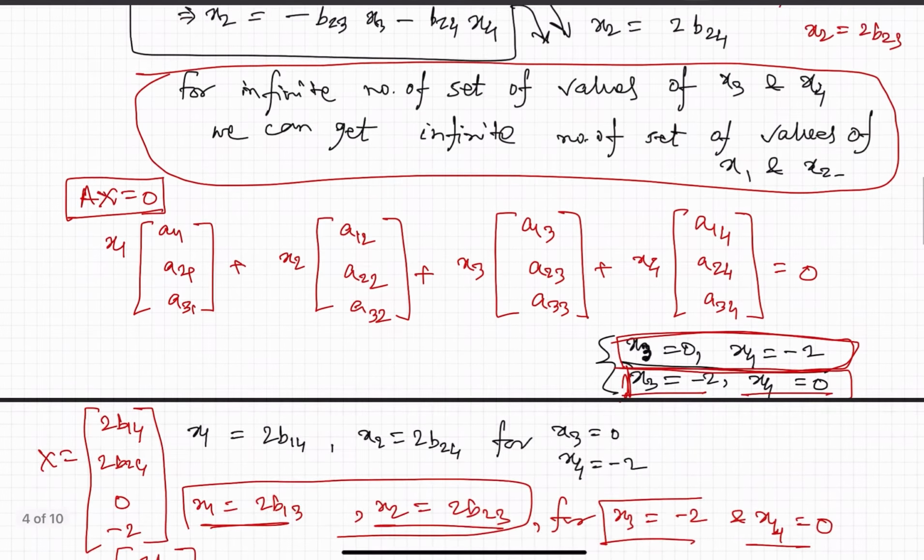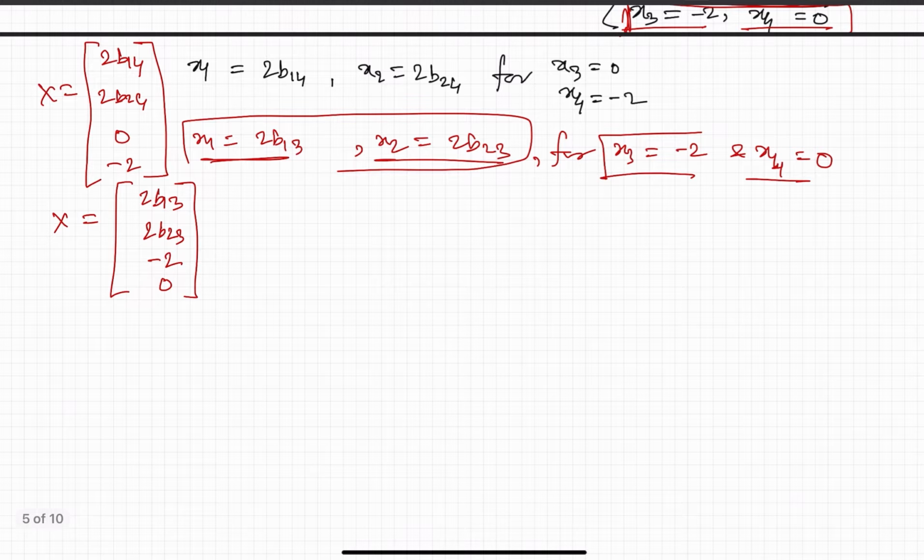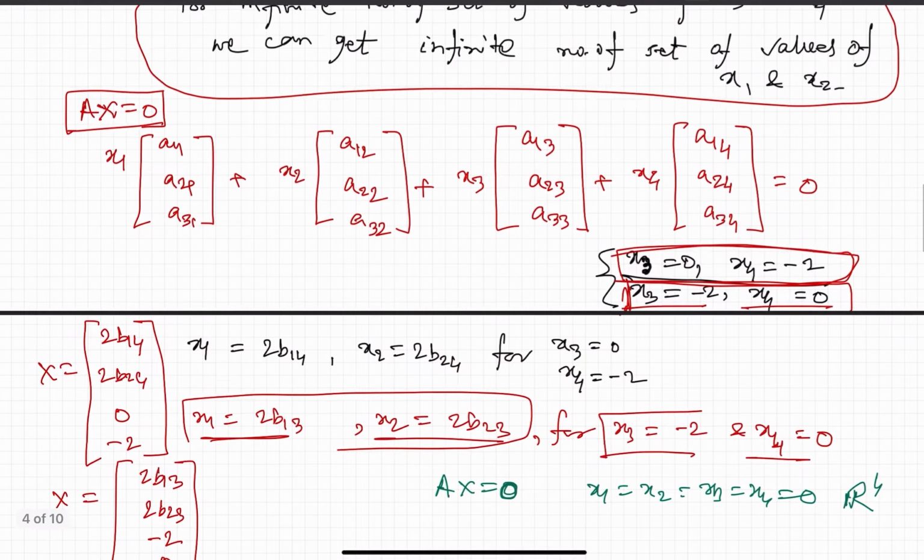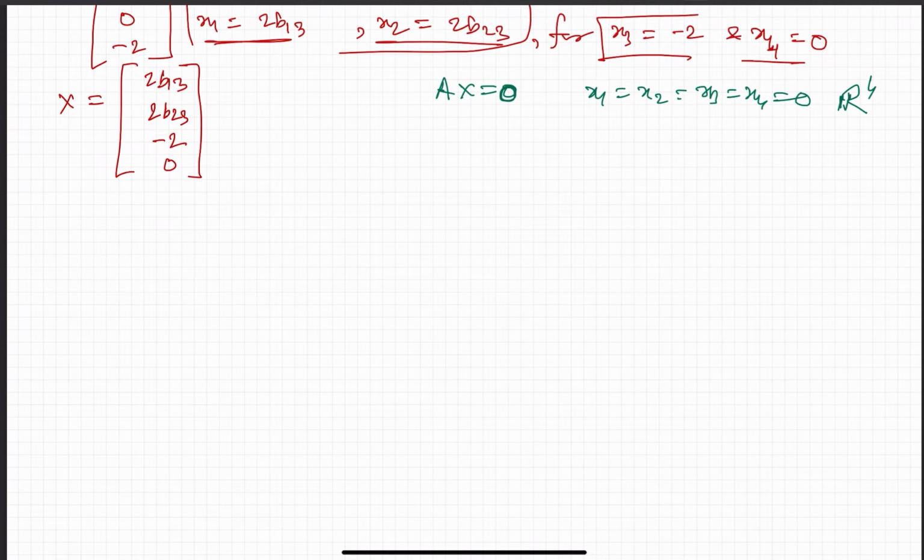So we can actually write, for the homogeneous equation, the trivial solution would be x1 is equal to x2 is equal to x3 is equal to x4 is equal to 0, for a fourth order system, obviously. This would be the trivial solution.